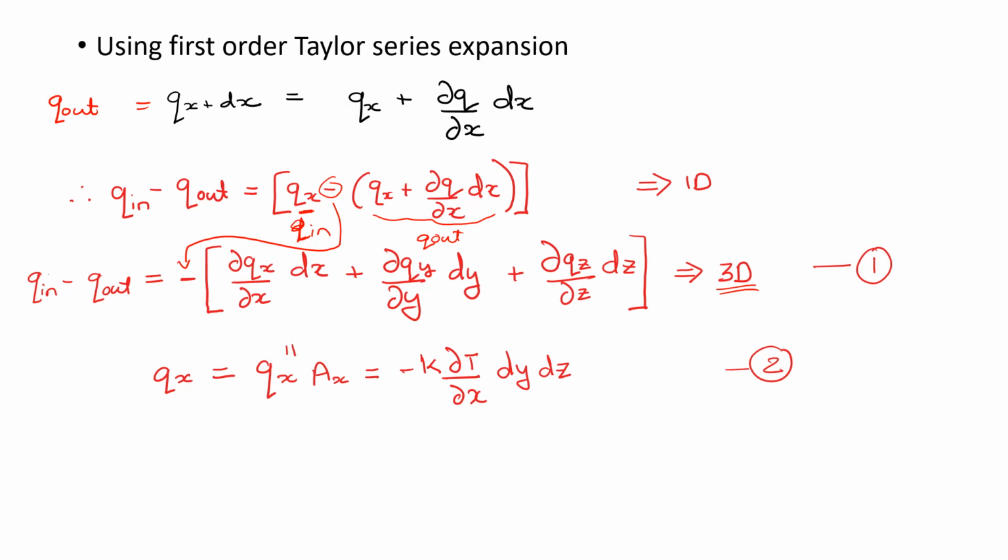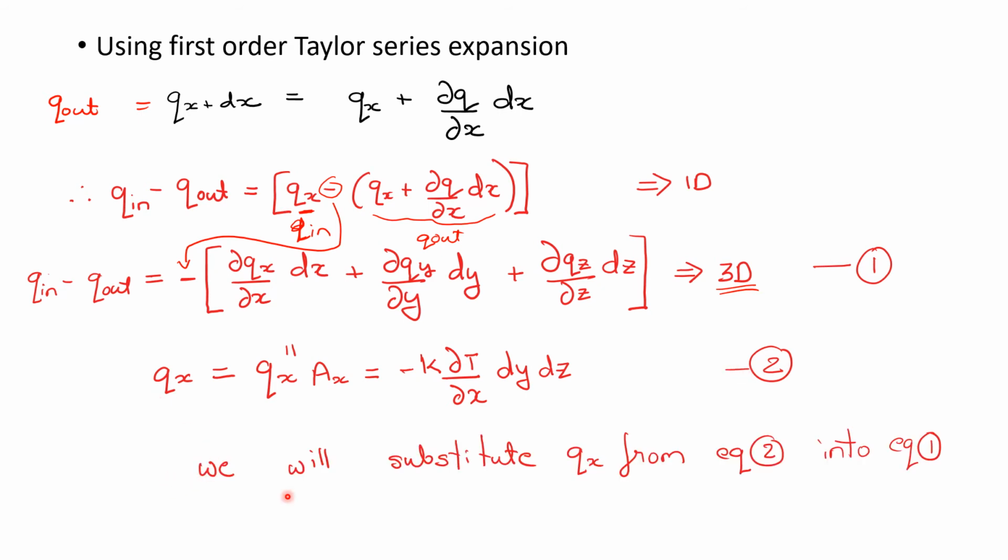And using Fourier's law, our heat flux will be minus thermal conductivity times the partial derivative of temperature with respect to x times the area across which the heat is flowing. So in this case, the heat is flowing across the area dy into dz. So this equation is equation number 2.